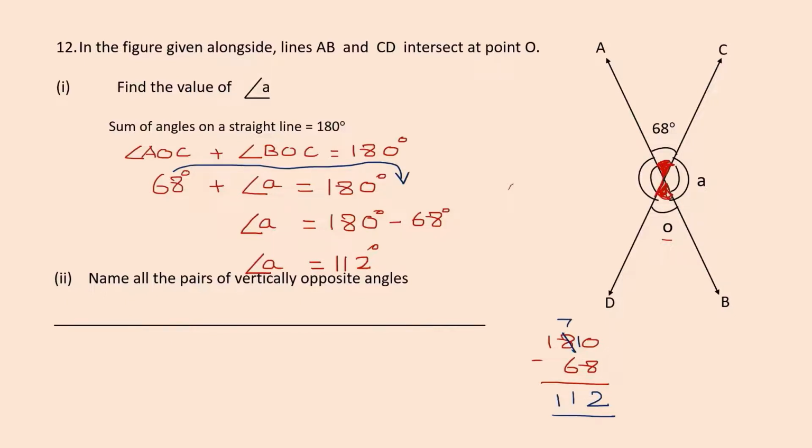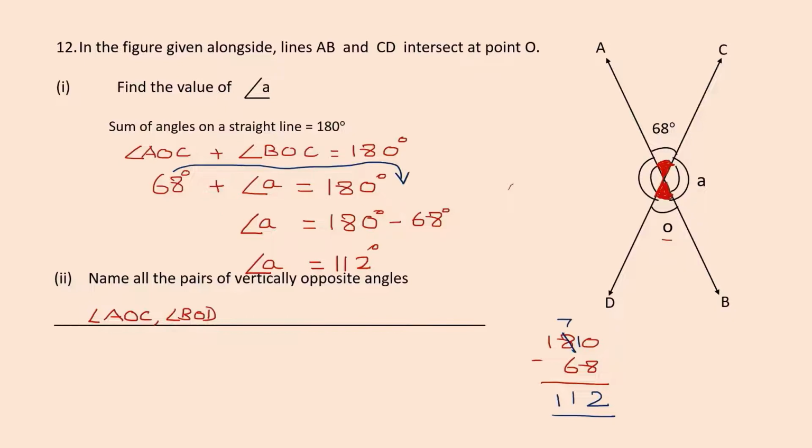These are the two angles that are vertically opposite each other: angle AOC and angle BOD. So let's write that down. Angle AOC and angle BOD are vertically opposite each other. This is one pair of vertically opposite angles.